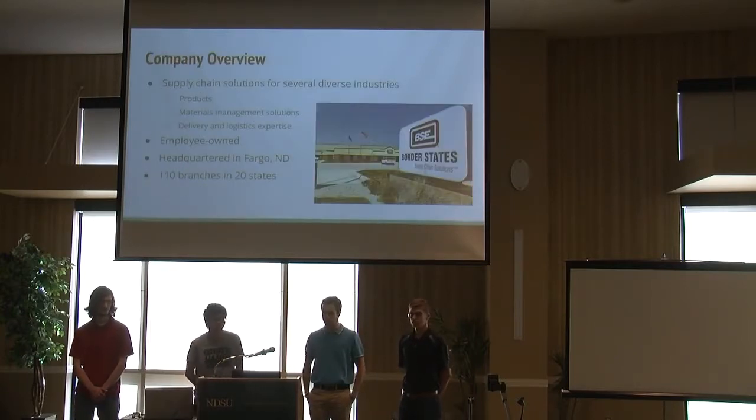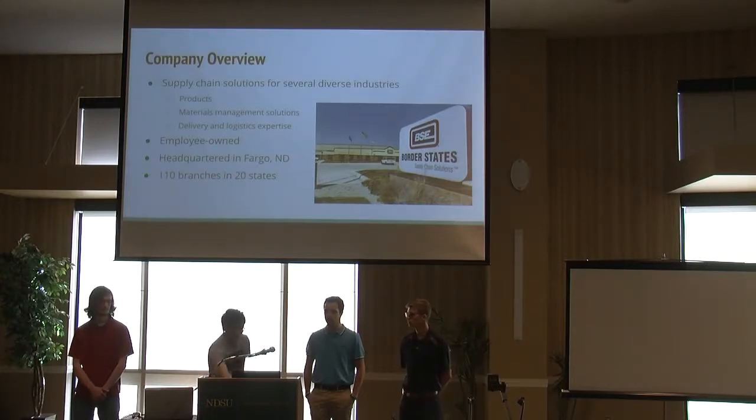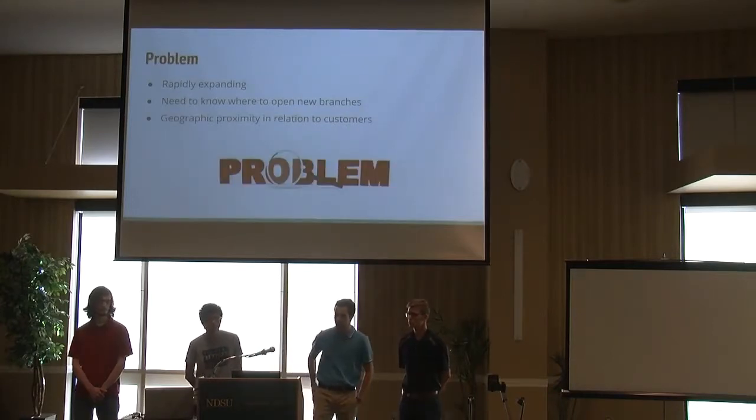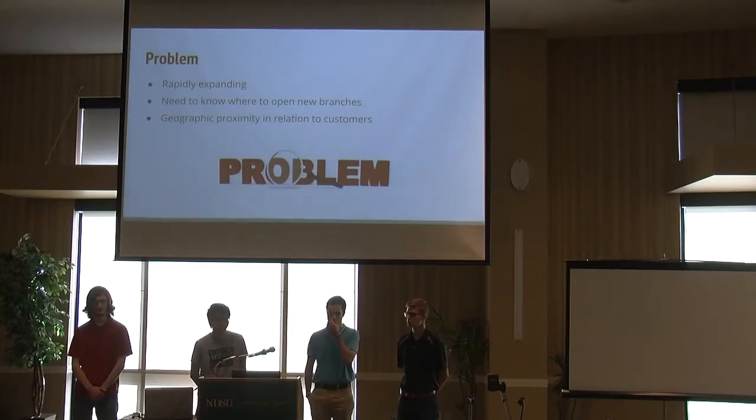So, for company overview, Border State provides supply chain solutions for several diverse industries. This is an employee-owned company, and there are 110 branches in 20 states. With rapid expansion, there is a problem they need to fix.